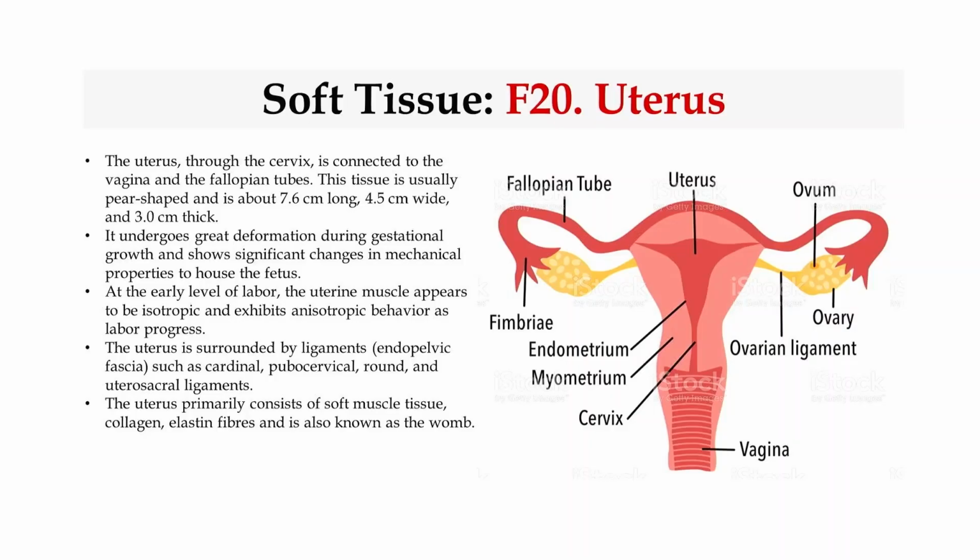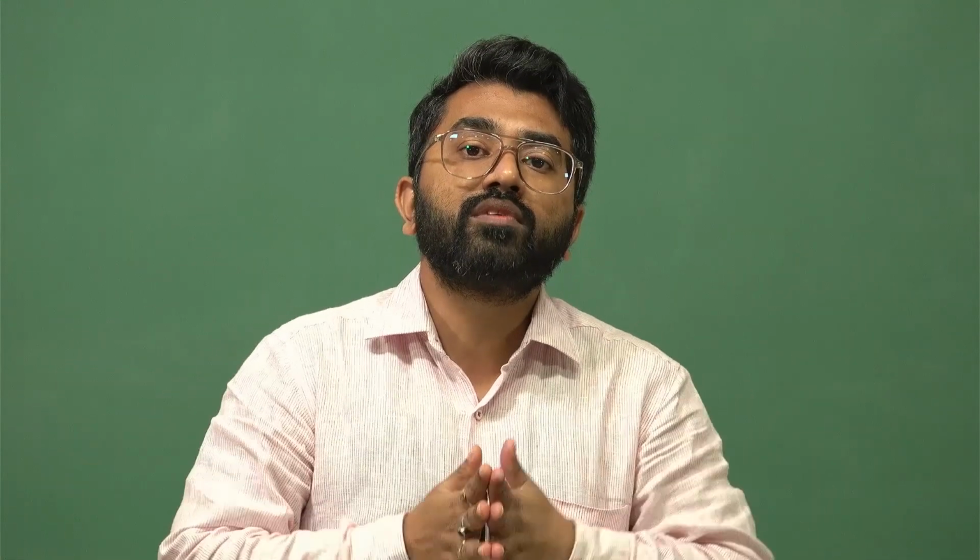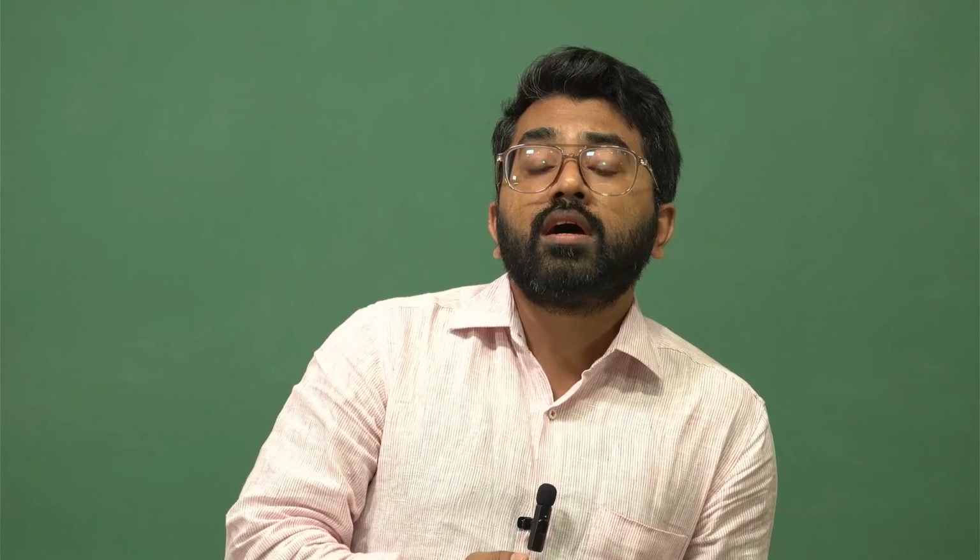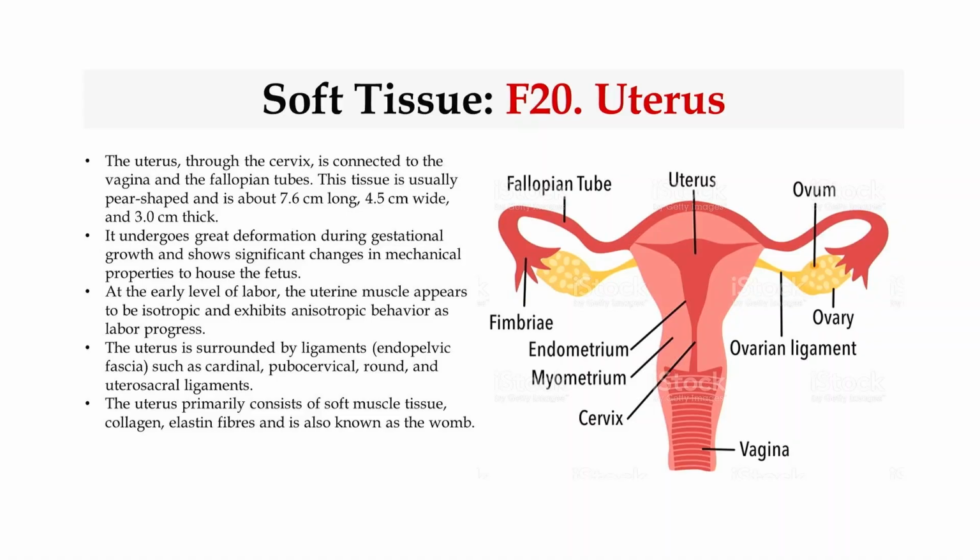The uterus is surrounded by ligaments such as the endopelvic fascia, such as the cardinal, pubocervical, round and uterosacral ligaments. These are different ligaments which hold the uterus, or fix it at different points with the other tissues and the bones. The uterus primarily consists of soft muscle tissue, collagen, and elastin fibers, and is sometimes known as the womb.